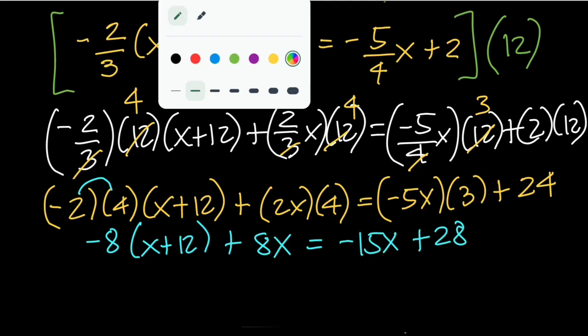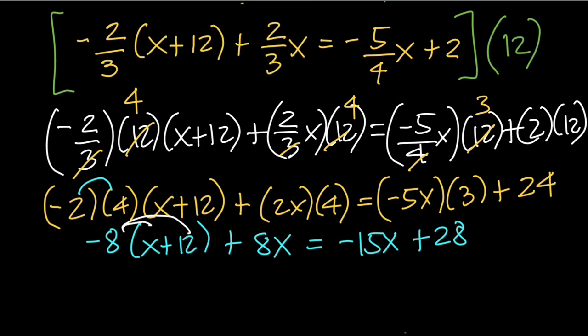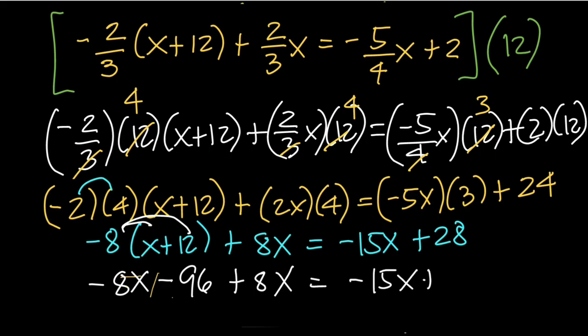Then now you distribute. You distribute 8 to x plus 12. So this is negative 8x. What is negative 8 times 12? Okay, 96 plus 8x equals negative 15x plus 28.